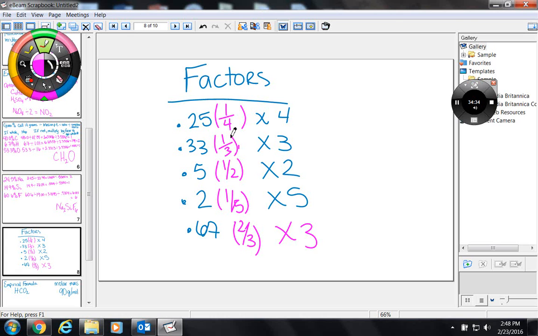If you don't know your fractions in decimal form, that might be helpful so you know what you're multiplying by. It's the last one, 0.67.